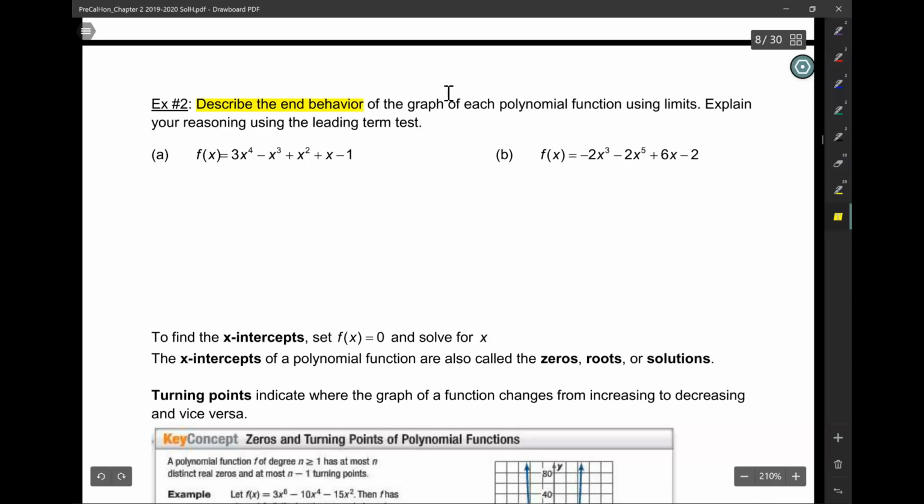I need to describe the end behavior of this. What determines it is only the term with the leading coefficient, the leading term, sorry. This is called the leading term test.